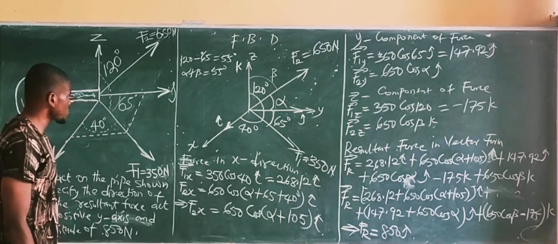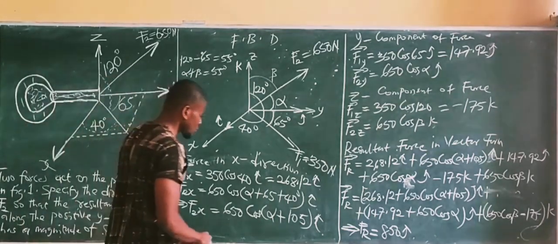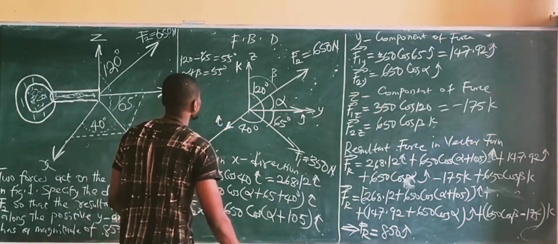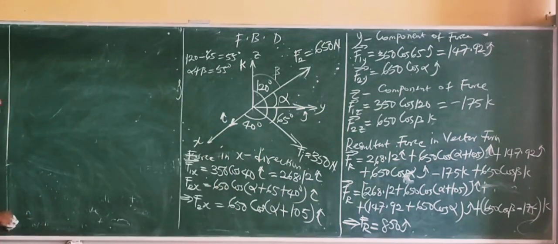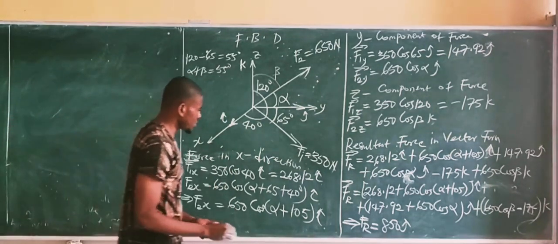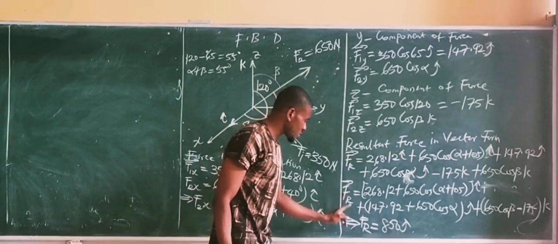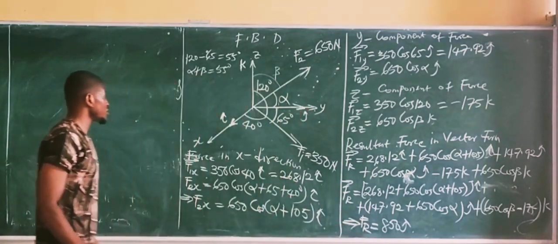So if it is so, then we can now write this equation. In place of the resultant force, we simply put 850j.